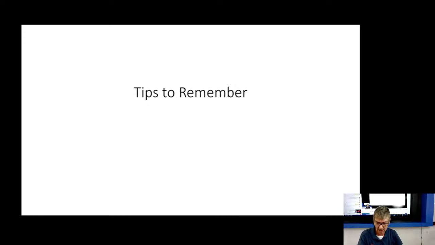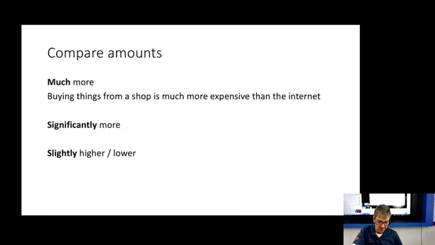Okay, so tips to remember then. We were comparing amounts also there, so did something slightly different. So remember I talked about how you'd use much and more together. This is an example. You can also change much to significant, or significantly, or considerably.